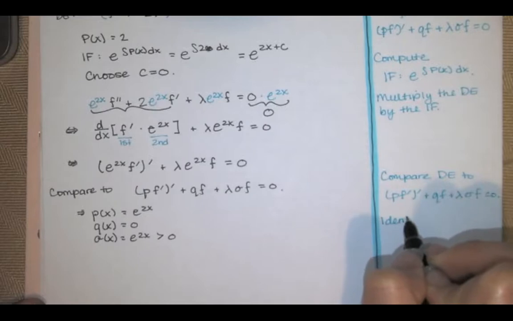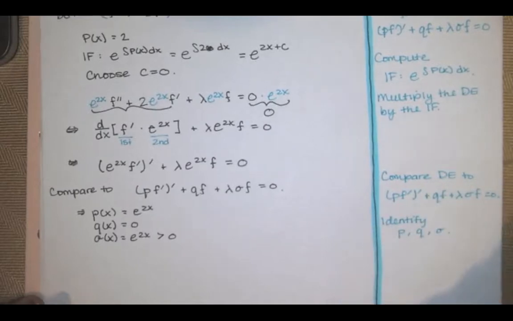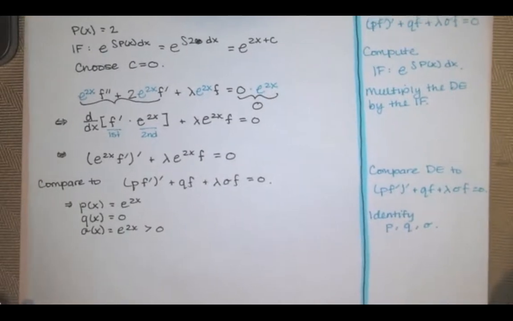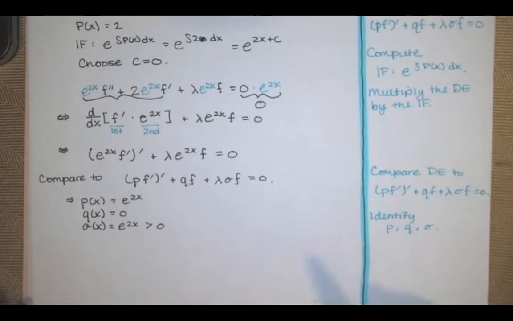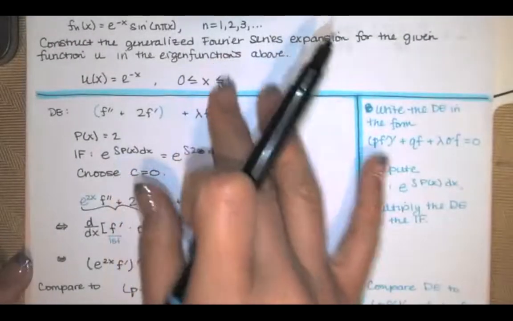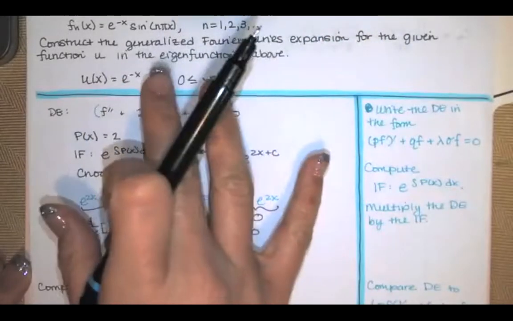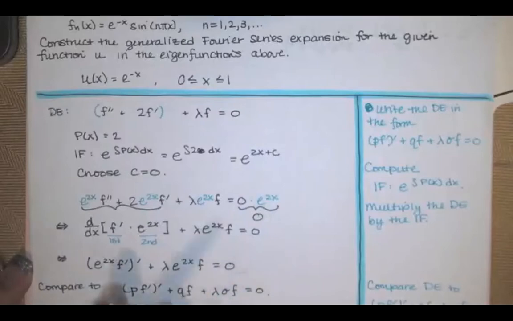And we identify P, Q, and sigma. And then once we've done all of that, we say, okay, that's enough to allow us to get started with finding the generalized Fourier series expansion, or the eigenfunction expansion for this function e to the negative x on the interval from 0 to 1.